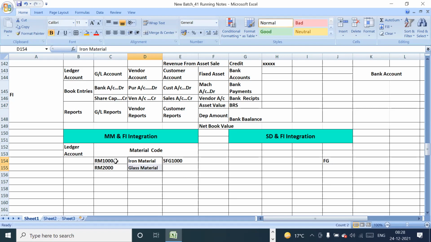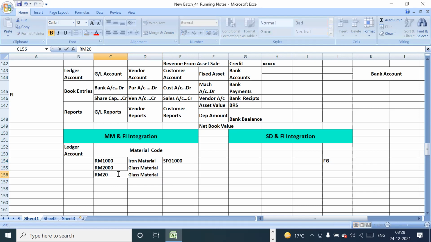Again, here iron can be different iron materials, based on the quality, based on the size, based on the shapes. They are going to create multiple material codes. I'm just giving one example: iron material, glass material, what else?